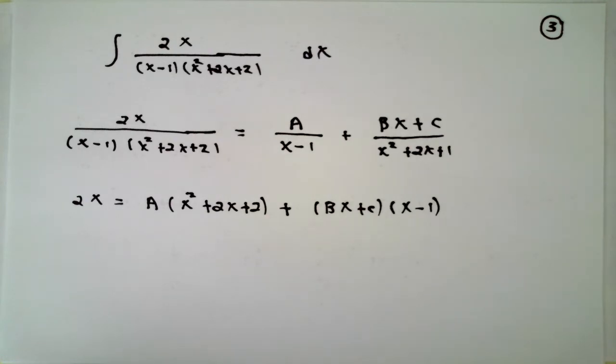I have a choice to make. I can take advantage of my one special number, x equal 1, and try to figure out something from that. Or I could do as we did in one of the preceding examples, just multiply everything out, simplify, and compare coefficients. In this particular one, I'm going to evaluate what happens to this situation when x is equal to 1.